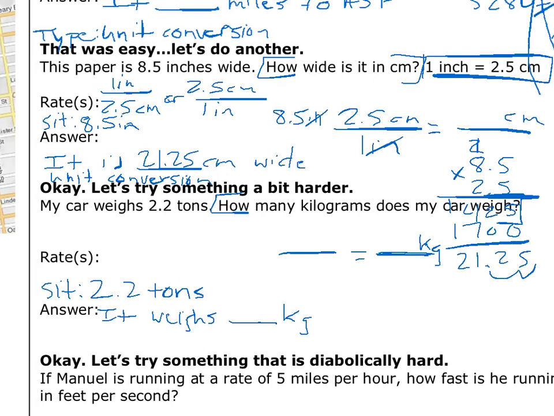The only thing it tells me is that 1 ton is equal to 2,000 pounds. Well, that doesn't get me all the way, because if I try and plug that in, I'm never going to end up with kilograms on top.